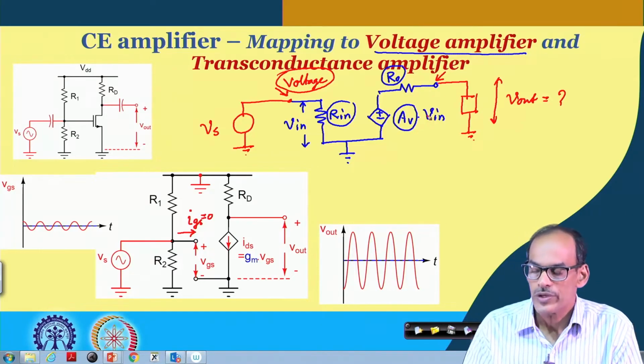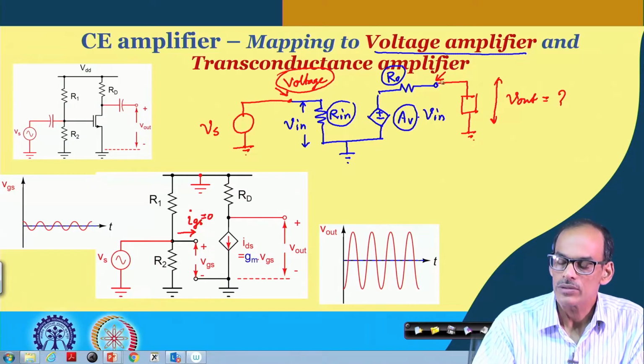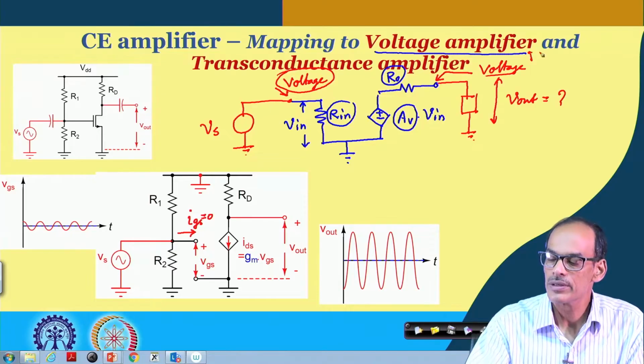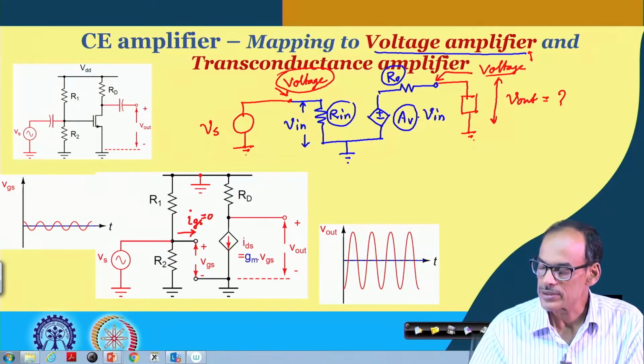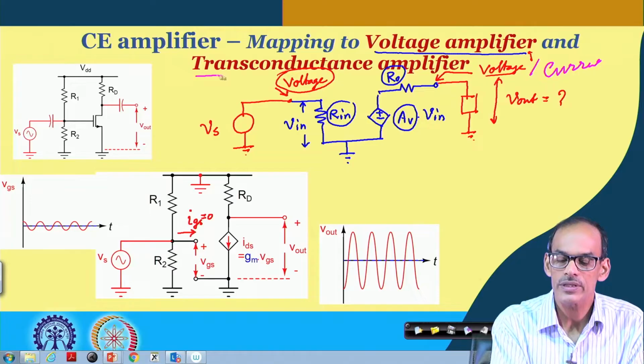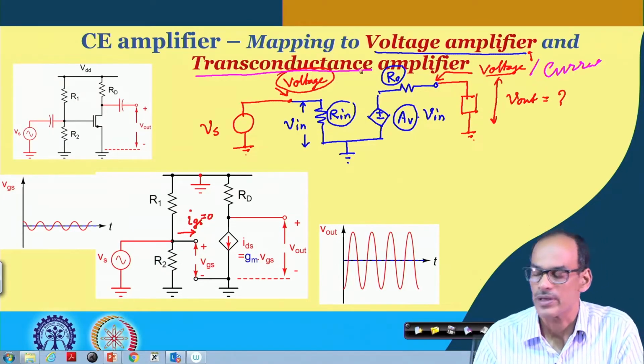Yeah. So, what we are discussing here is that the signal at this point can be either voltage, and then we call it a voltage amplifier, or it can be current. If it is current, then the corresponding amplifier will be called a transconductance amplifier.